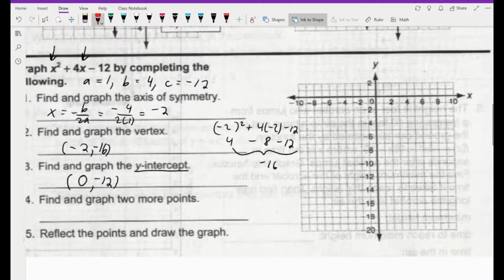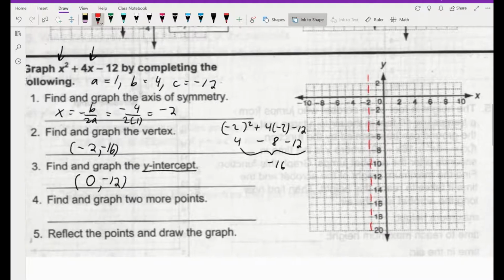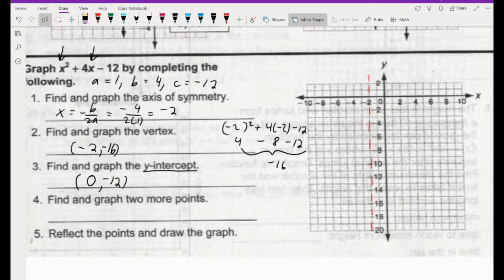Now let's go ahead and start graphing a little bit just to see what this should look like. We'll first graph the axis of symmetry, x equals negative 2. We can then graph the vertex, which would be negative 2, negative 16. So there it is. Now this is a positive x squared graph.